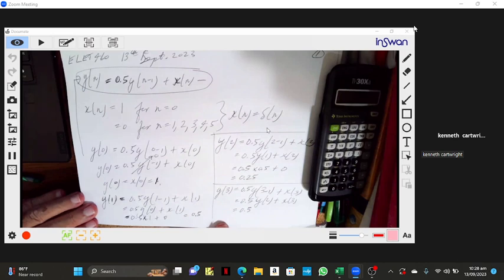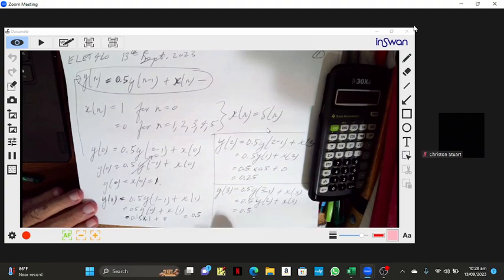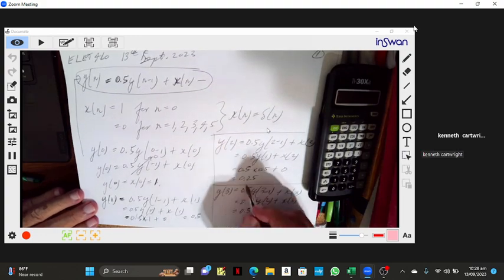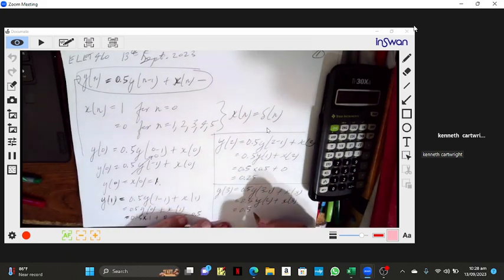Clearly, Mr. Hadley's not paying attention. Anybody, what's y of 2? 0.25. It says so right on the page above it, right on the paragraph above it.